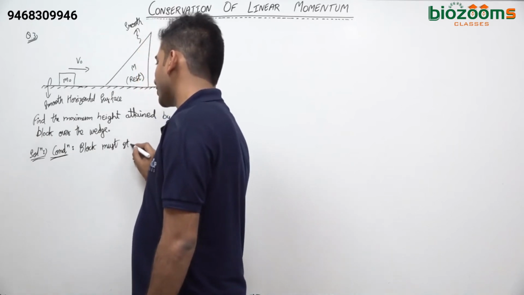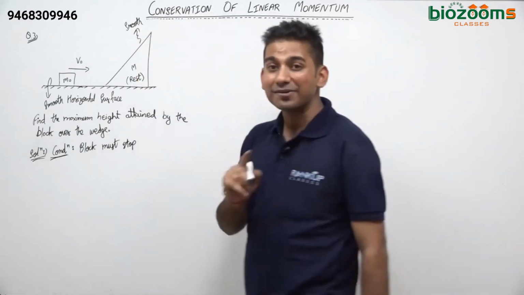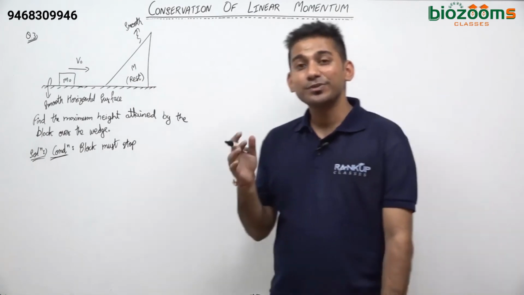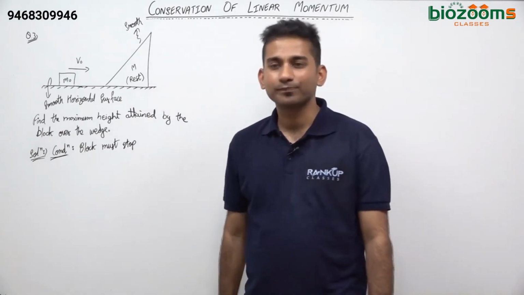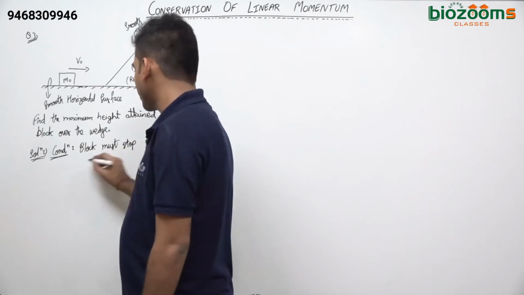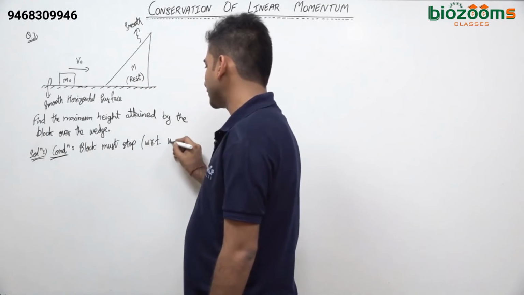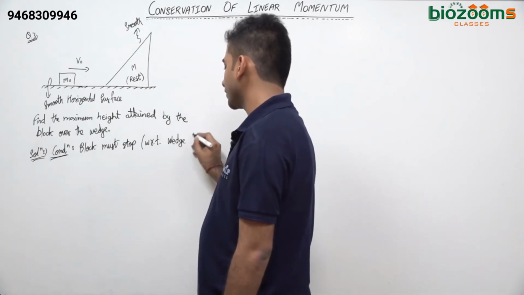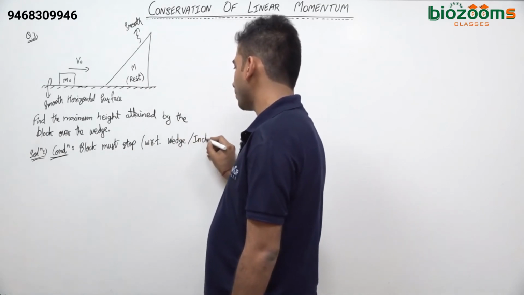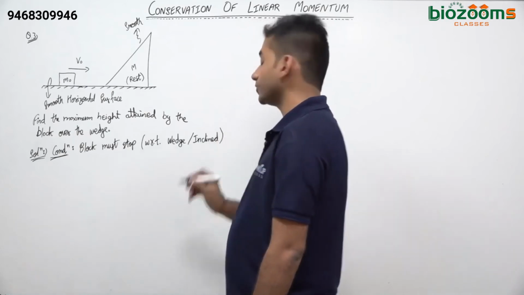But the block must not stop absolutely. Rather, it should stop with respect to its platform, which means the block must stop with respect to the incline, or with respect to the wedge. That is the most important logic of this particular problem.